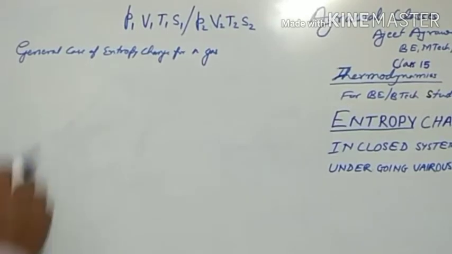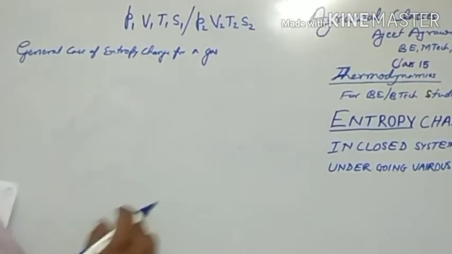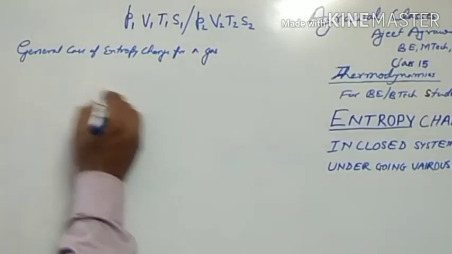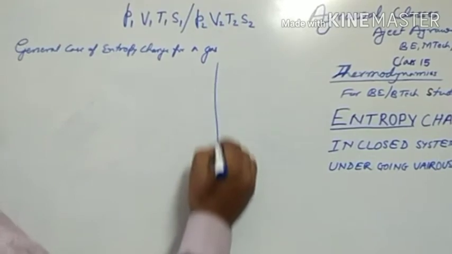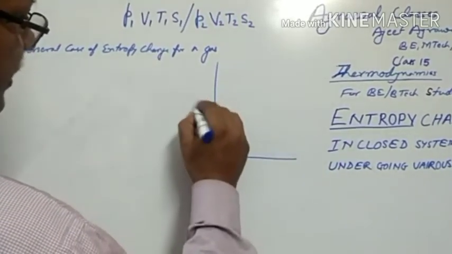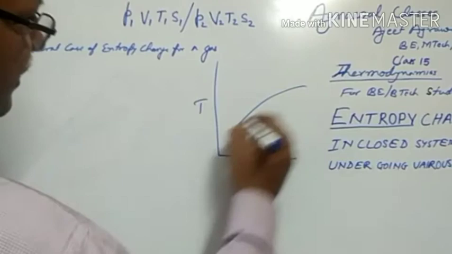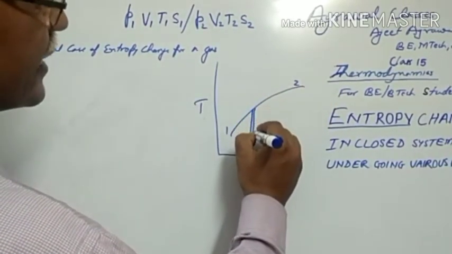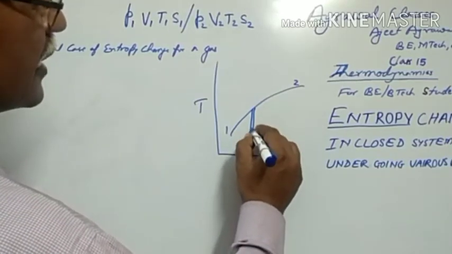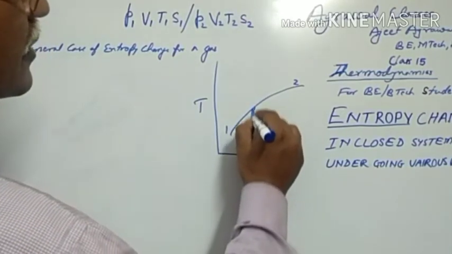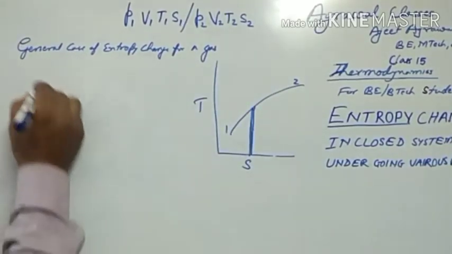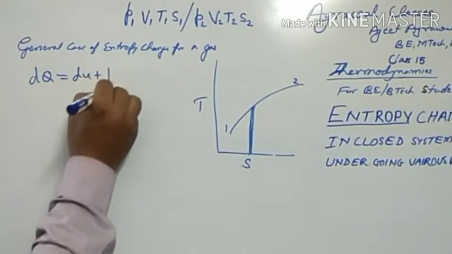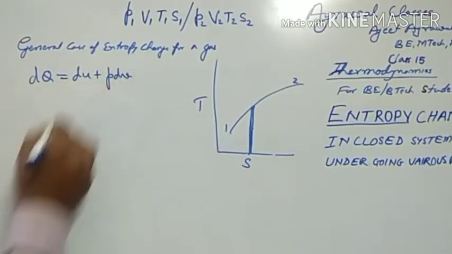So first we will consider the general case of entropy change for a gas in a closed system. For the closed system, if we consider a general process on a T-s diagram, and if we consider an elementary area, then we can write dq equals du plus p dv, that is the work done.